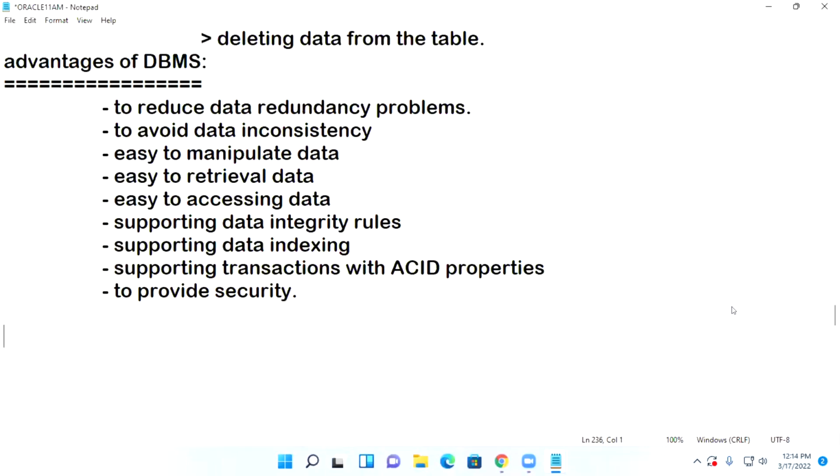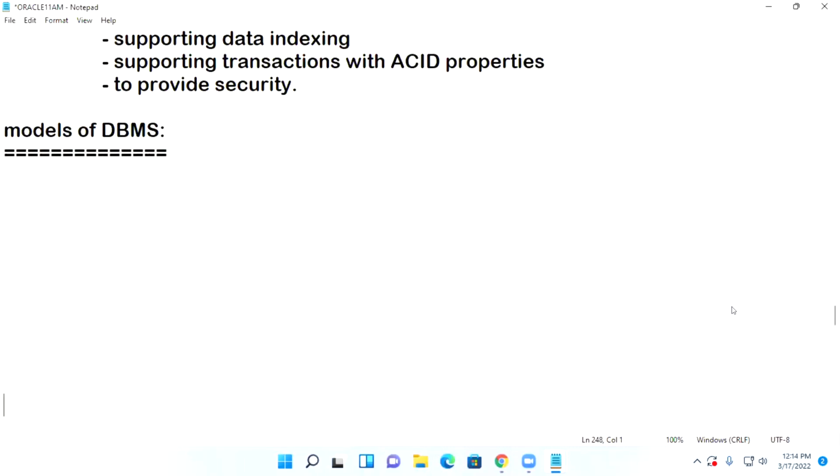And next, a very important thing, guys, is called models of DBMS. So what kind of models are there, and how did people enhance DBMS software, decade by decade, how the database software was enhanced in real-time industries?